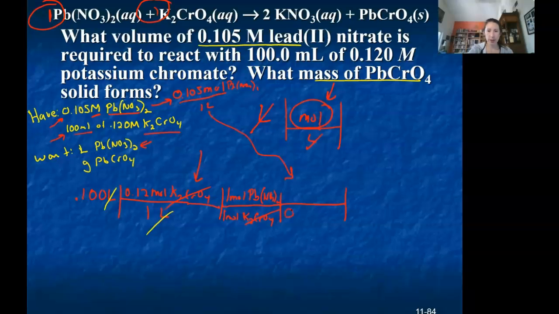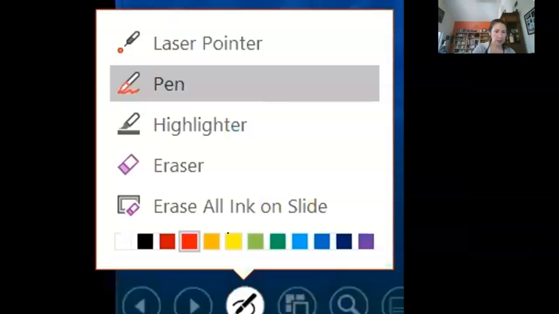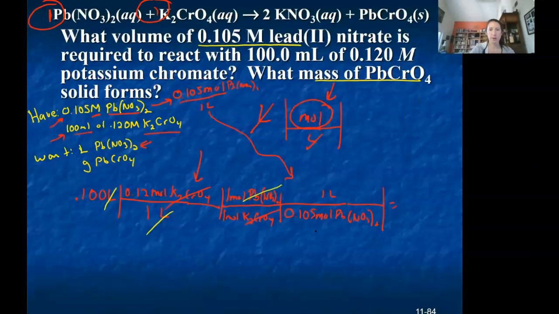If we put 0.105 moles of Pb(NO3)2 over 1 liter, and we cross off our units, moles Pb(NO3)2, moles Pb(NO3)2, liters. Oh, look, we wanted liters. That's our first answer.